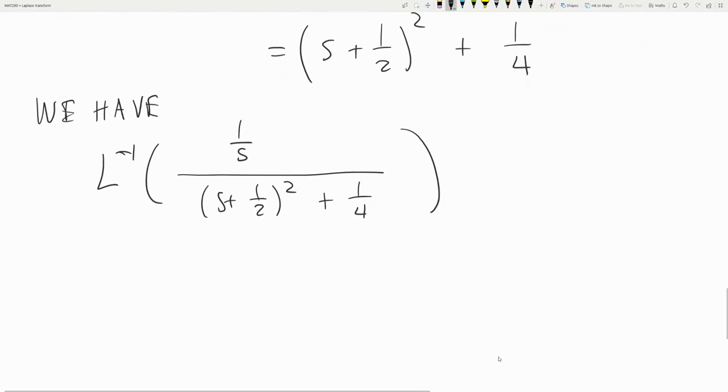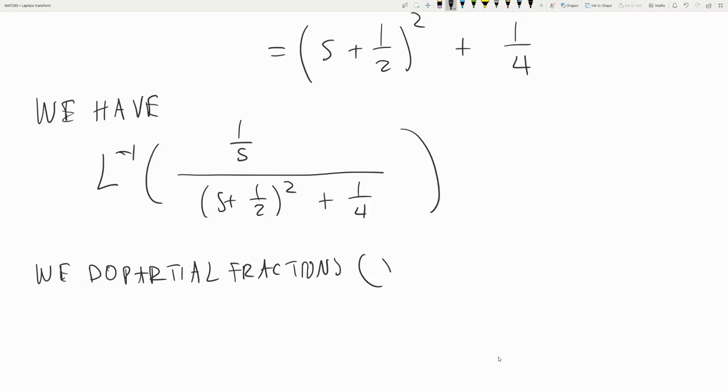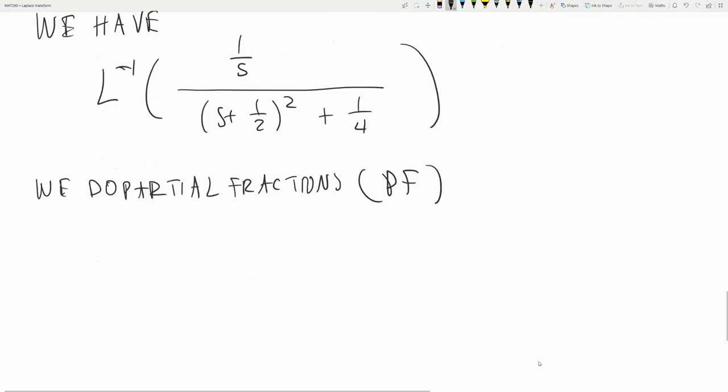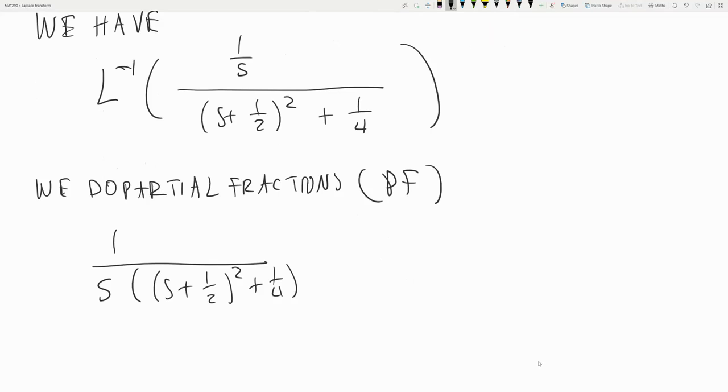But now we want to split this, so we do partial fractions. Partial fractions, we just call it PF from now on. So we have the following: we have a over s, and we're looking for some number a and some numbers b and c.